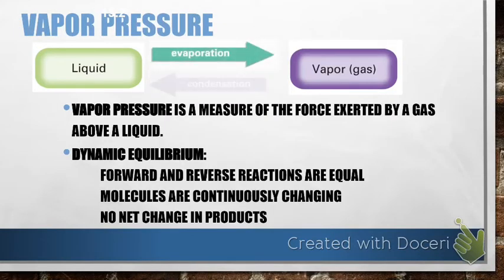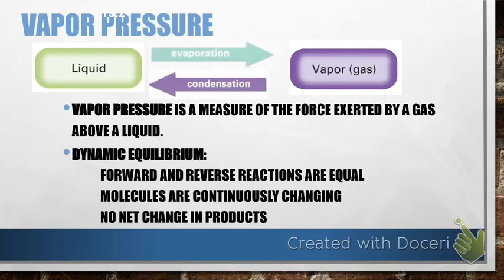So when these molecules are getting ready to escape from the liquid because they have a certain kinetic energy, once they become a gas above that liquid, they're going to make a pressure on the surface of that liquid. Those vapor molecules above the liquid that are creating that pressure, that pressure is called vapor pressure.